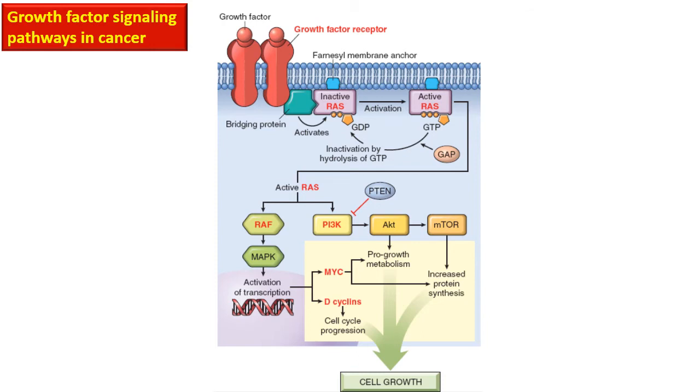So now we will try to understand the effect of growth factor and activation of the signaling pathway from the membrane to the nucleus and identify at each step along the way some of the genes that are most commonly dysregulated and hence responsible for oncogenesis.